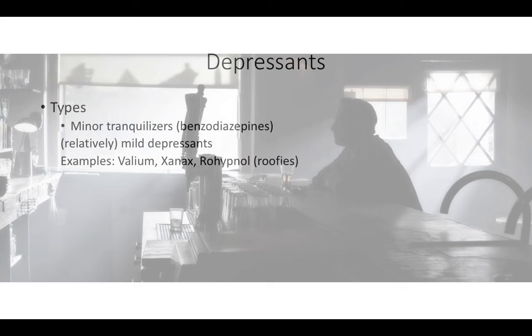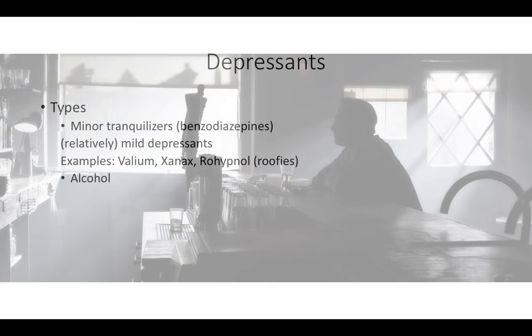Roofies are, of course, commonly known as the date rape drug. If someone slips you a roofie, you become unaware of the actions you're performing, but you are still able to do things and respond to suggestions or commands or directions. It's, as you know, a major problem.